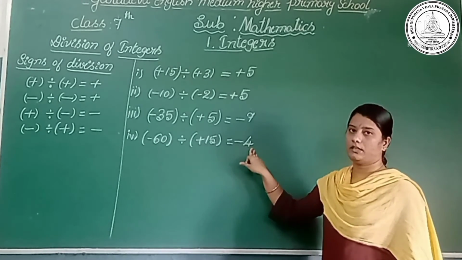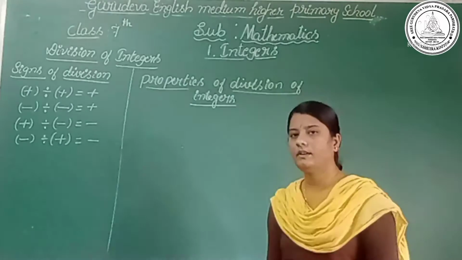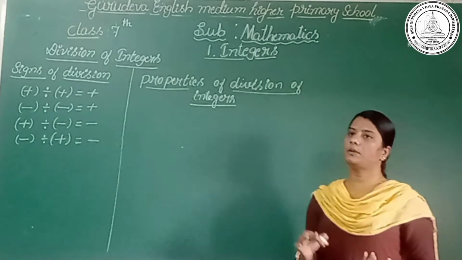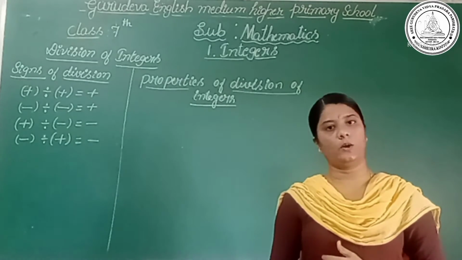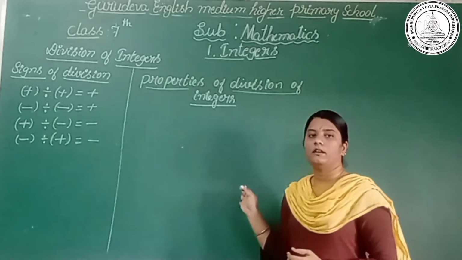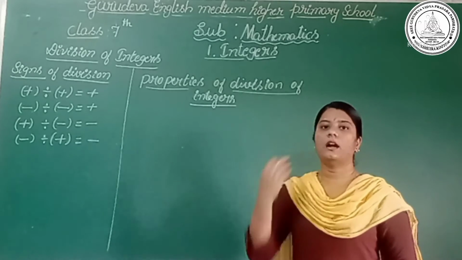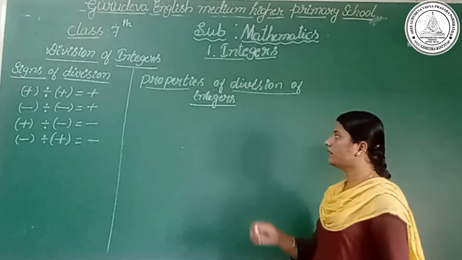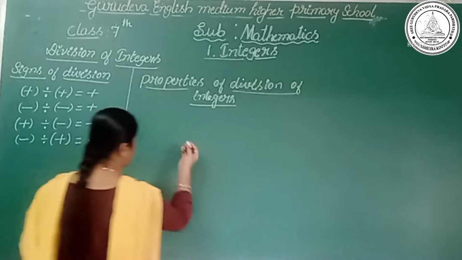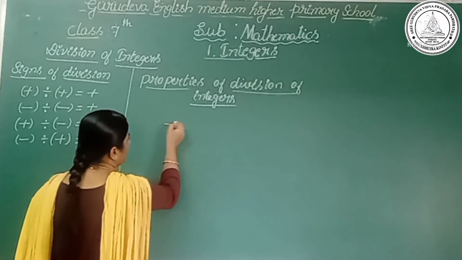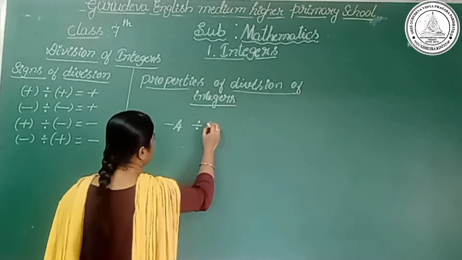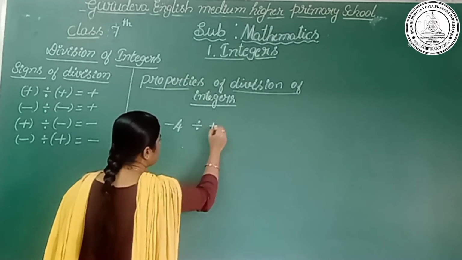Yes, the first property is the closure property. The closure property does not hold good for whole numbers, and it also does not hold good for the division of integers. So let's see here, for the closure property, minus 4 divided by plus 3.